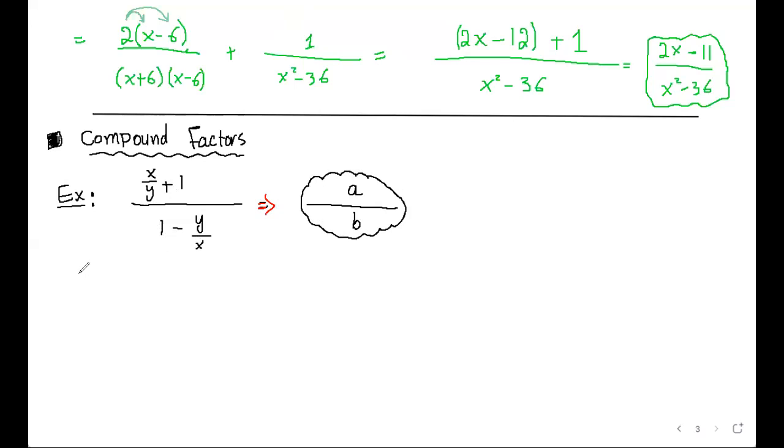The main idea is to rewrite this as x over y plus 1, where the fraction bar becomes a dividing symbol, then open parentheses, 1 minus y over x.